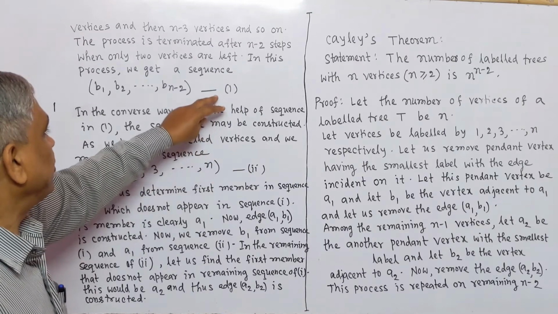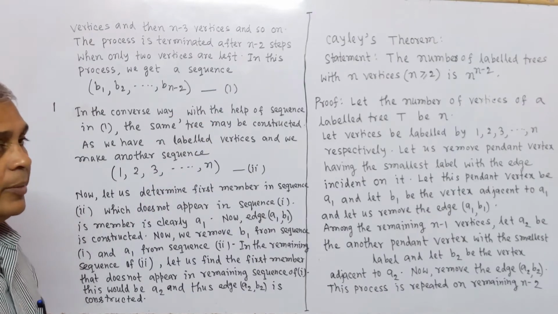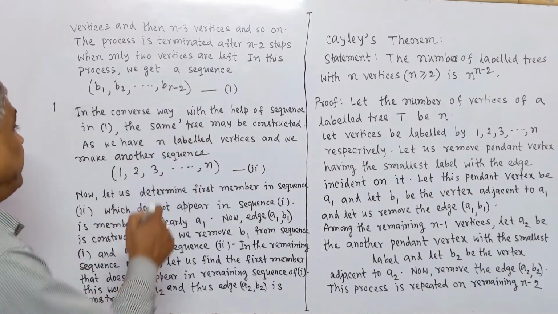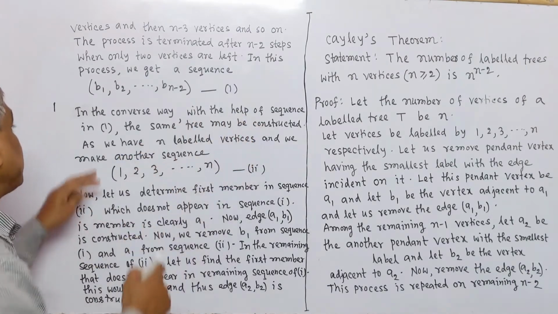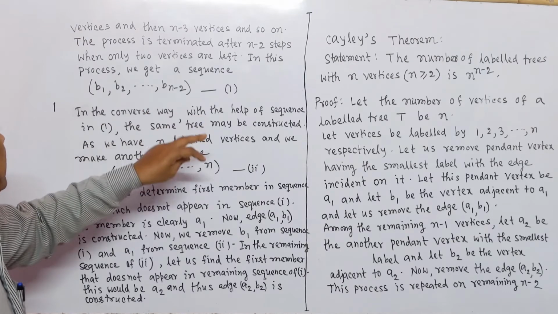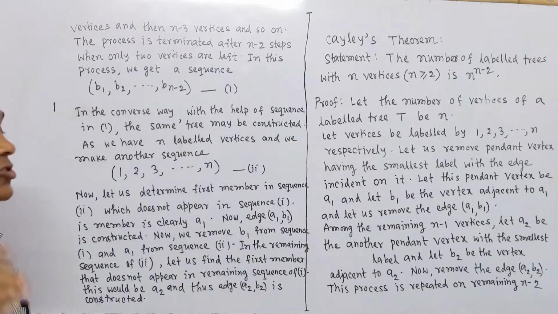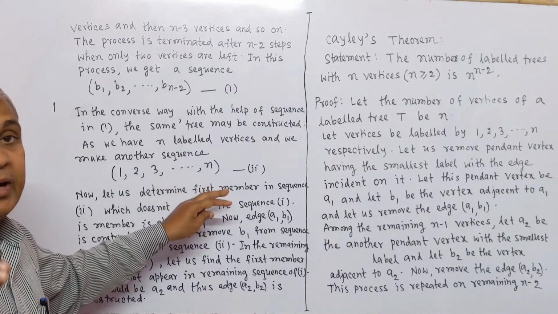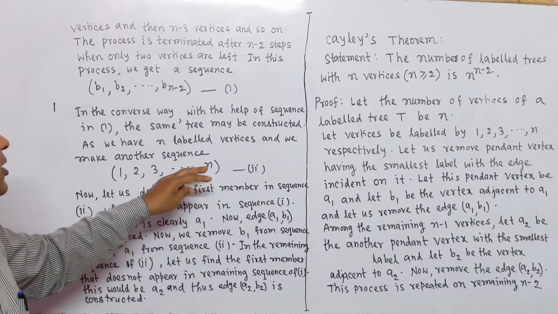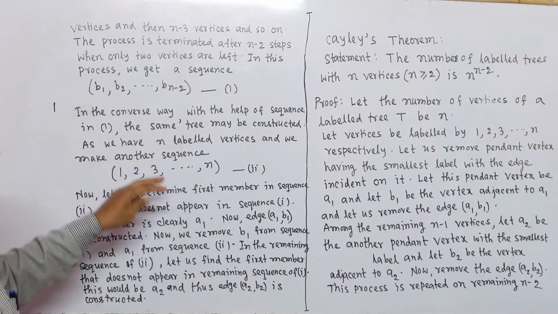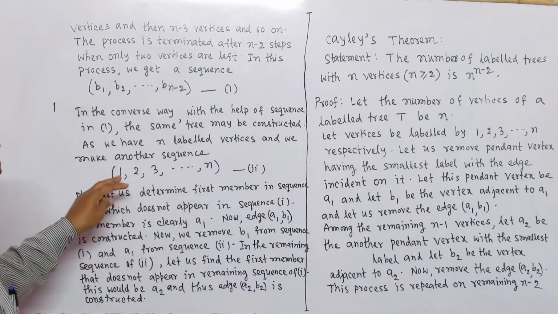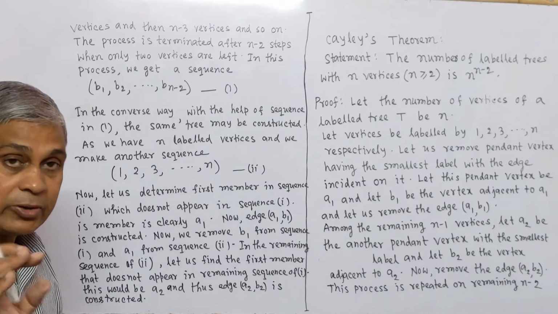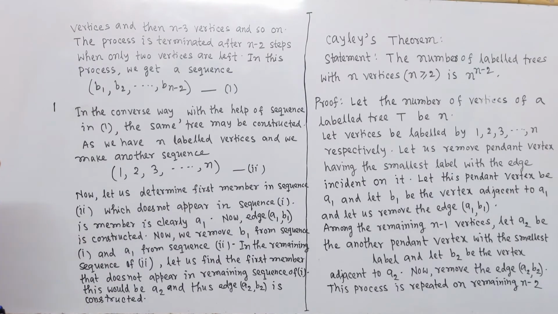This is sequence number 1. In the converse way, with the help of sequence 1, the same tree may be constructed. As we have n labeled vertices, we make another sequence 1, 2, 3, ..., n. This is sequence number 2.